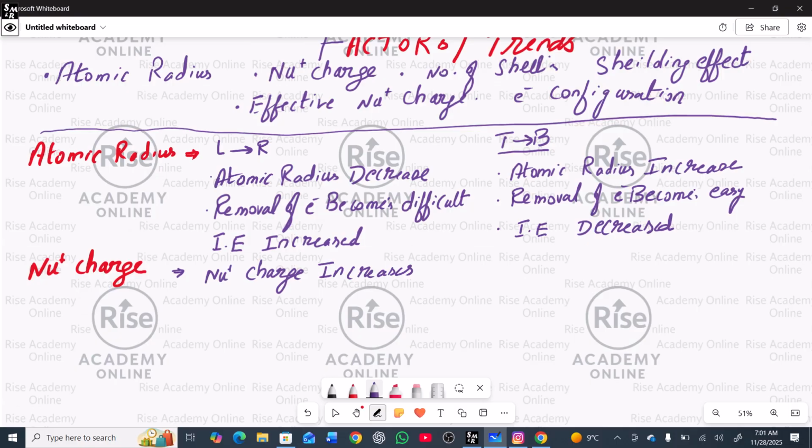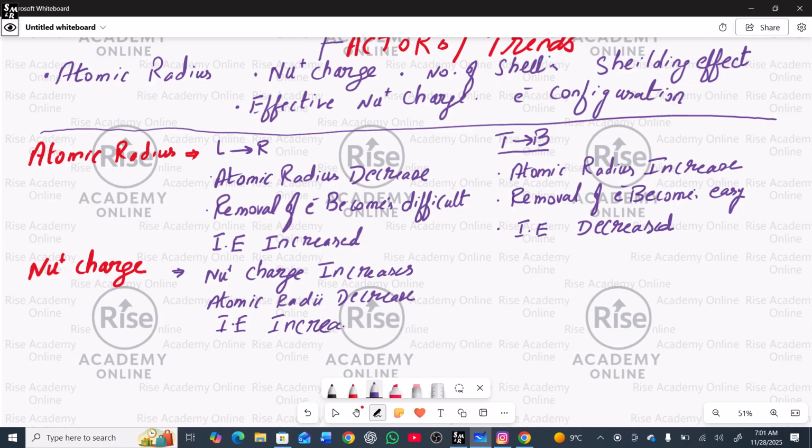Due to the increase of nuclear charge, atomic radii decrease. And when atomic radii decrease, in the same line we have studied that ionization energy is increased. So with the increase of nuclear charge, ionization energy should increase because of the decrease of atomic radii. So we can say that ionization energy increases in moving from left to right due to nuclear charge.